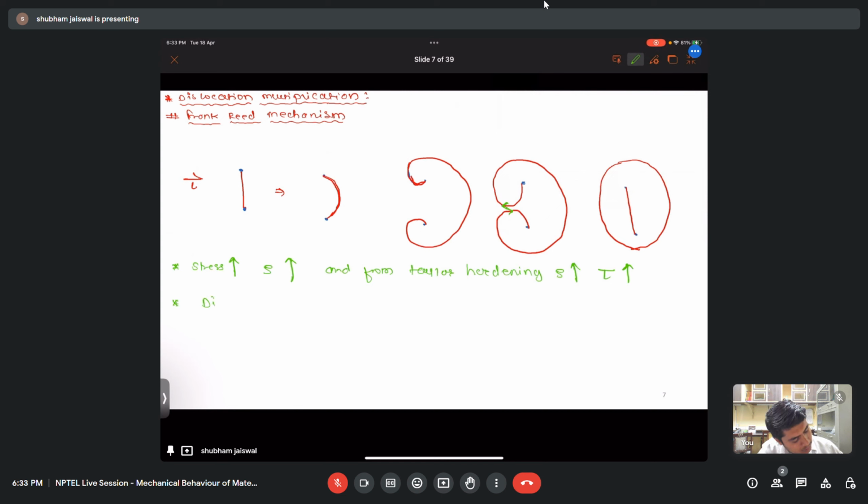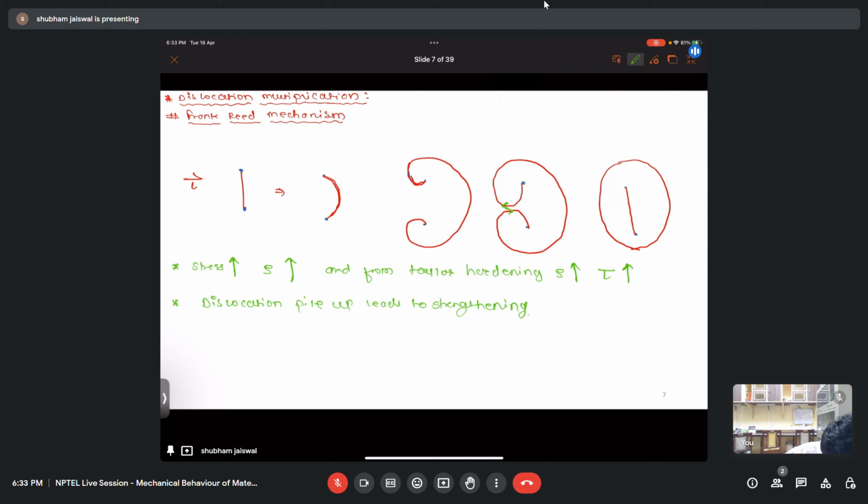And again, also the dislocation pile up leads to strength. So here one dislocation is generated.